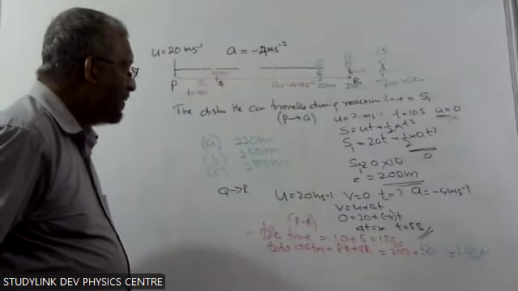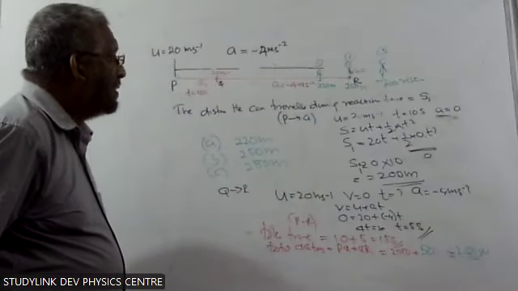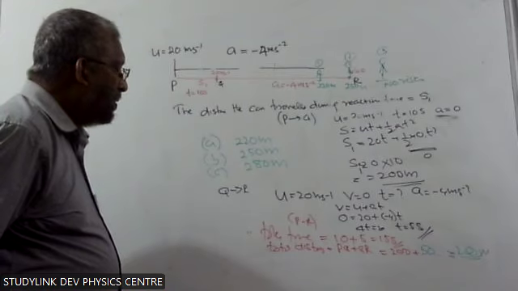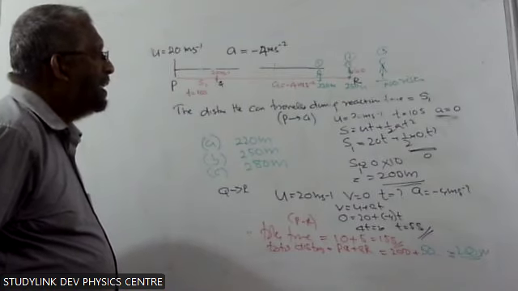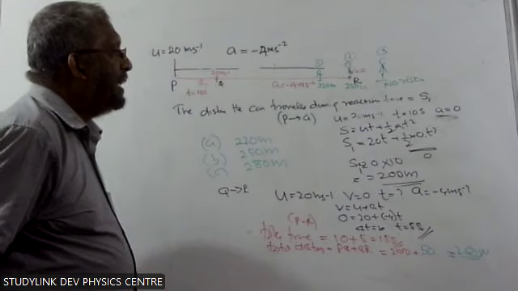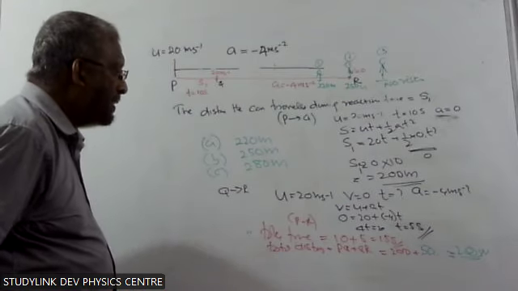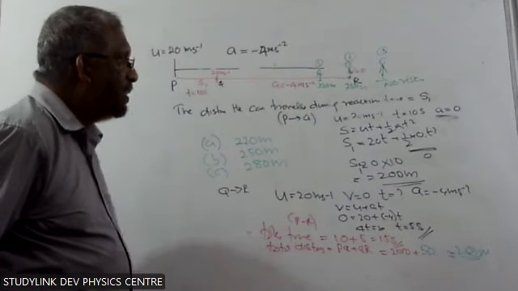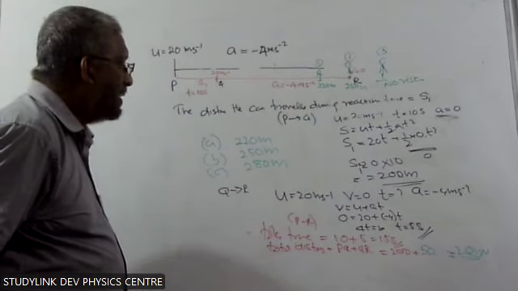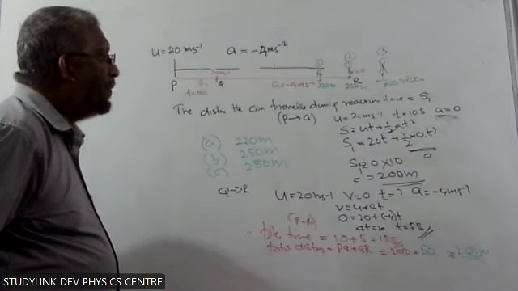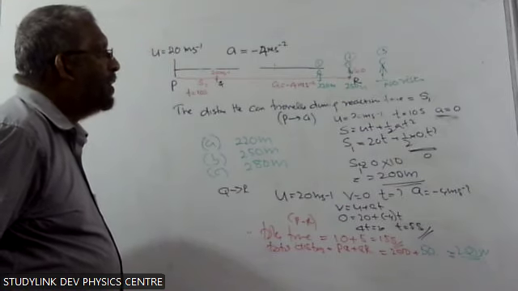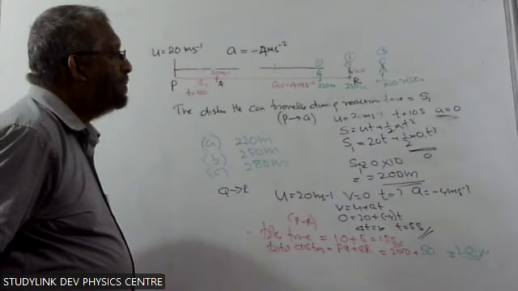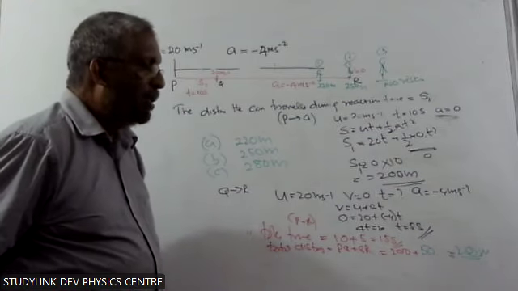C. According to this situation, he is at 280 meters, but the car stops before that distance. Therefore, no risk for the person who crosses the road.